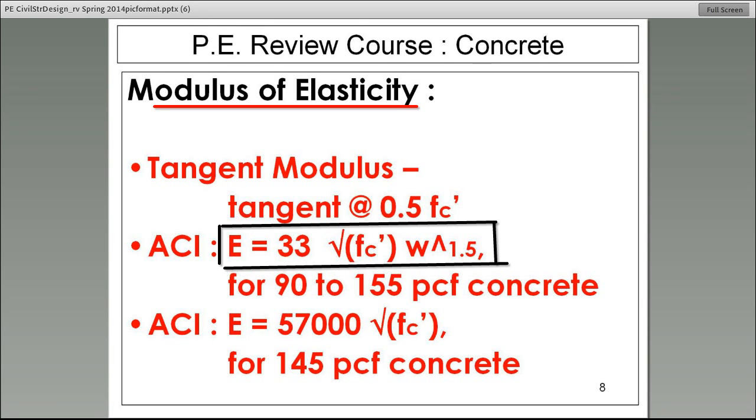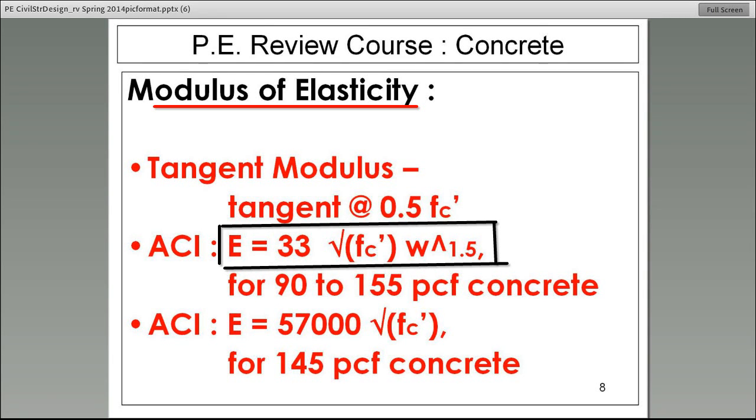W is the unit weight of concrete. So you substitute the unit weight of the concrete in that equation. You substitute the value of F prime C, design compressive strength, in that equation, and this will give you the modulus of elasticity for that particular concrete.